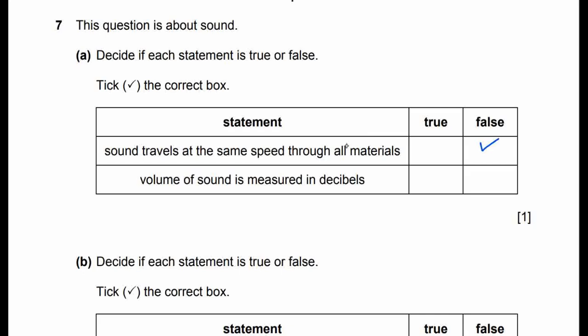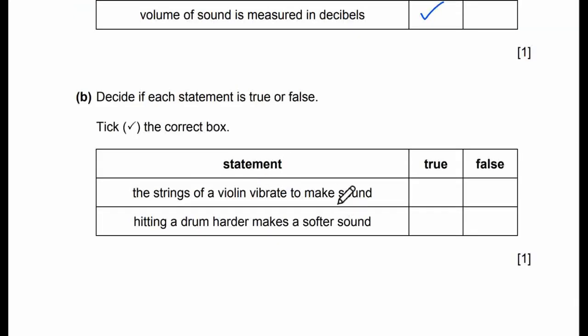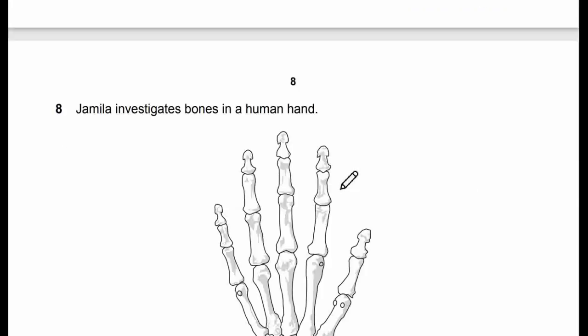Volume of sound is measured in decibels, so it's true. Next, decide if each statement is true or false. The string of a violin vibrates to make sound, of course it's true. Hitting a drum harder makes a softer sound, of course not. It will make a louder sound instead. Okay, let's see next, number 8.